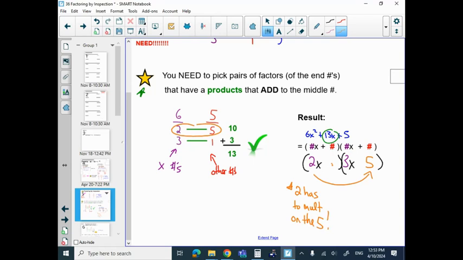So the 5, which is a plus 5 in this case, has to be over there, and then the rest of it just falls into place. The 1 has only one other spot to be, right? So the 1 must go here.